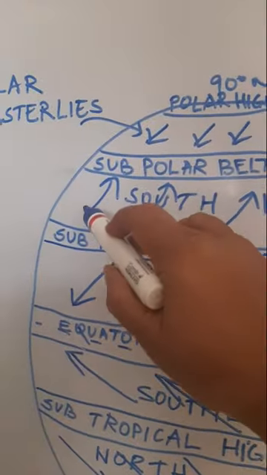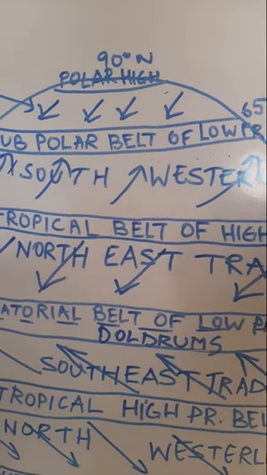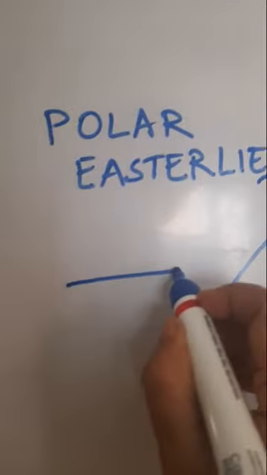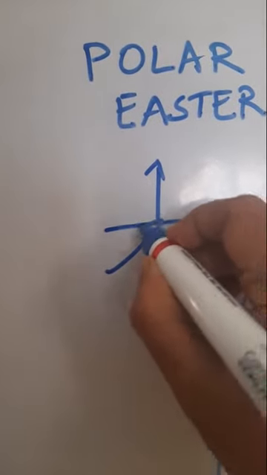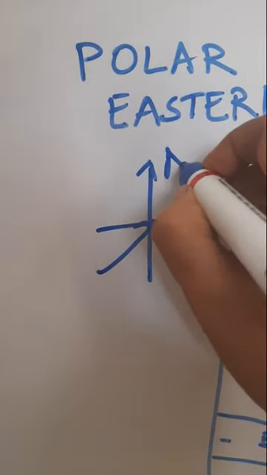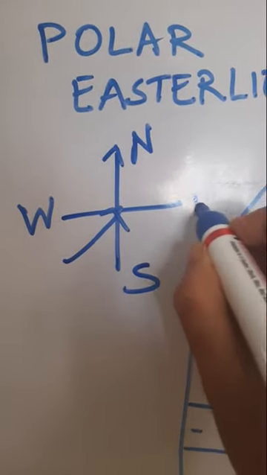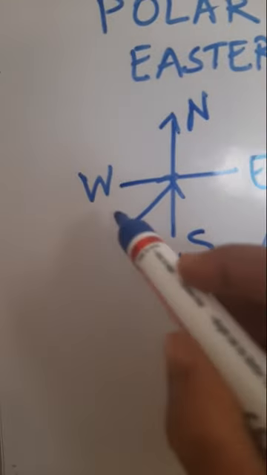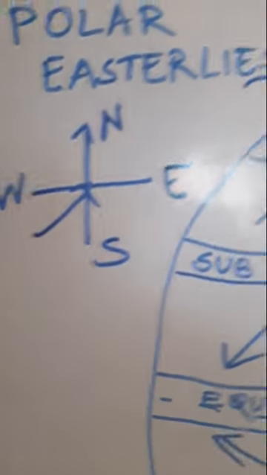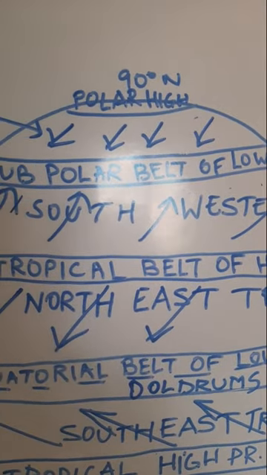Again here it is blowing from south, so the name southwesterlies. The direction, if I show you, children, by drawing, the direction of the wind is in this way. So if this is north, this is south, this is west, and this is east. The wind is blowing in this direction, so the direction is from southwest, so the name has been given as southwesterlies.